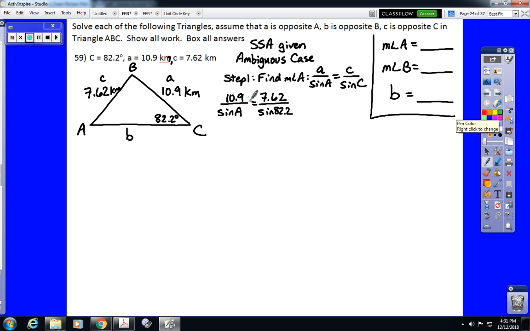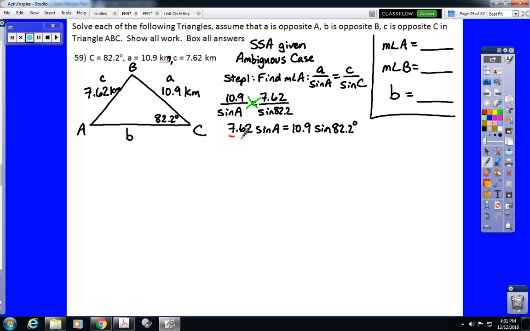Cross multiply gives us 7.62 times the sine of angle A equals 10.9 times the sine of 82.2. I don't like the way that 8 turned out, so I'm going to try to clean that up before we continue. There we go.